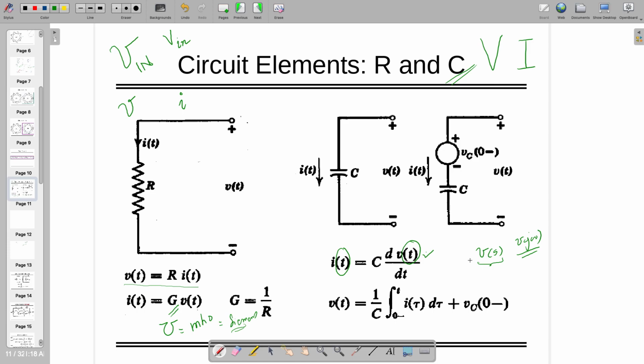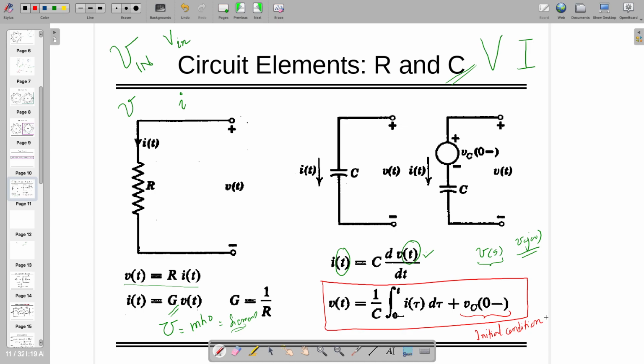Now the interesting part is that it's not happening in resistance, but in a capacitor. V of t is 1 by C integration from 0 minus to t of i of tau d tau plus the initial condition. If it is initially charged to some voltage, 1 volt, 2 volt, it has to charge on top of that. It will not forget the previous condition.